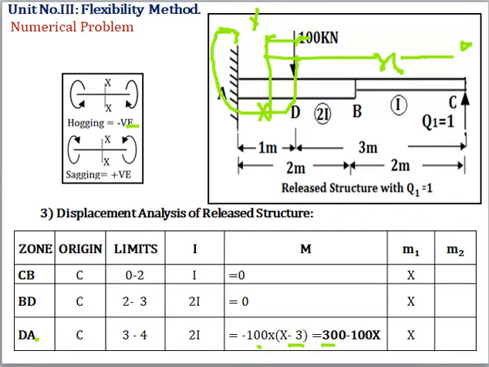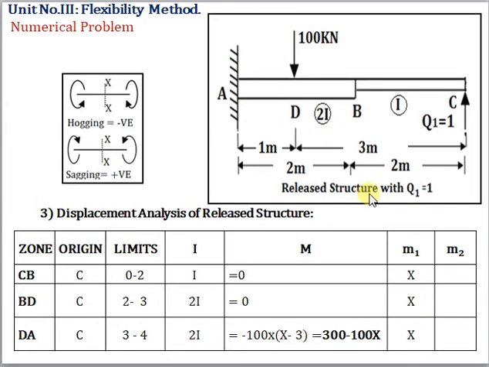Now let's consider the next figure, that is the released structure with Q1 equal to 1. Let's call it M1, small m1. We already discussed the capital M diagram. Now in the same way let's consider zone CB, the first zone. Consider section XX, and there is a redundant force in the upward direction.